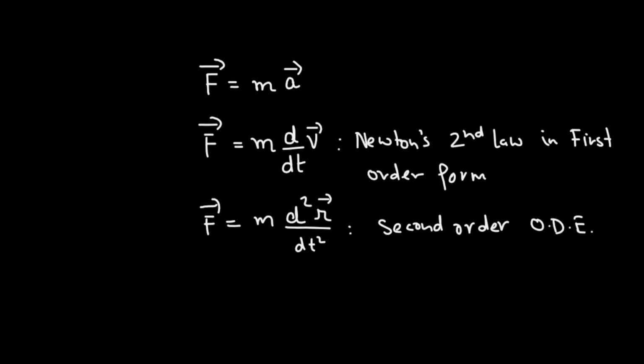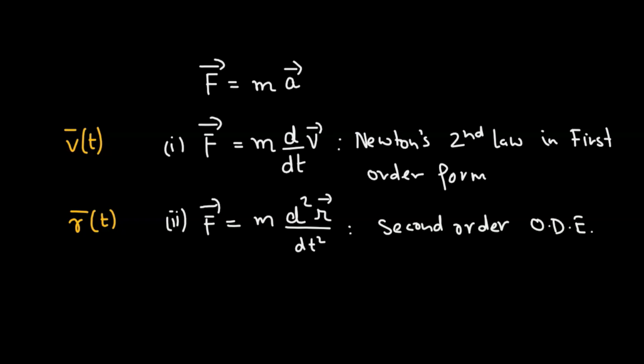Our primary objective will be to solve equation 1 or equation 2. If we solve equation 1, then we are going to get velocity as a function of time, and if we solve equation number 2, then we are going to get the position with respect to time t. So this is what Newton's law entails.